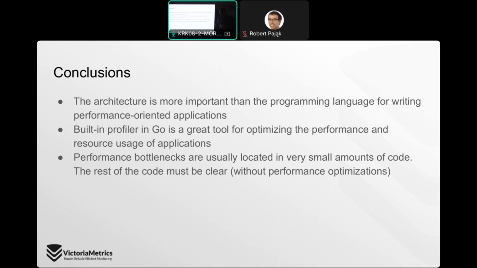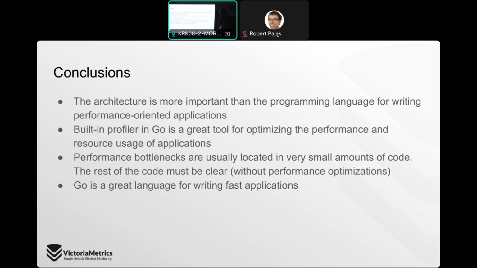And performance bottlenecks are usually located in a very small amount of code compared to the total size of the code of your application. So you do not need to optimize all your code. You need to optimize only the code in hot paths after CPU and memory profiles show this hot path. And leave the rest of the code readable, because performance optimizations usually worsen the quality of the code.